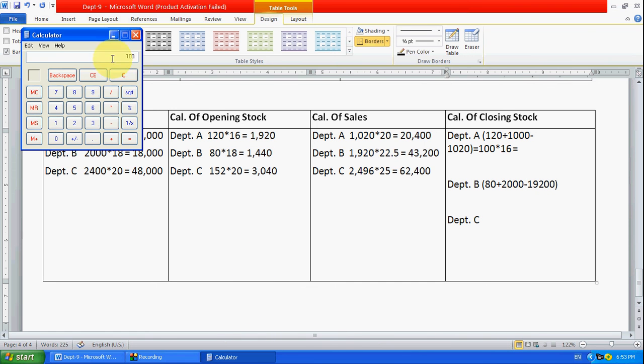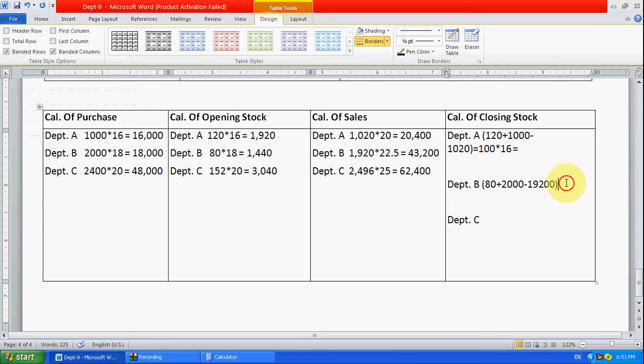Now go with a calculator: 80 plus 2000 minus 1920, 160 will be the final. Okay, 160 units into the new price of 18 is equal to.